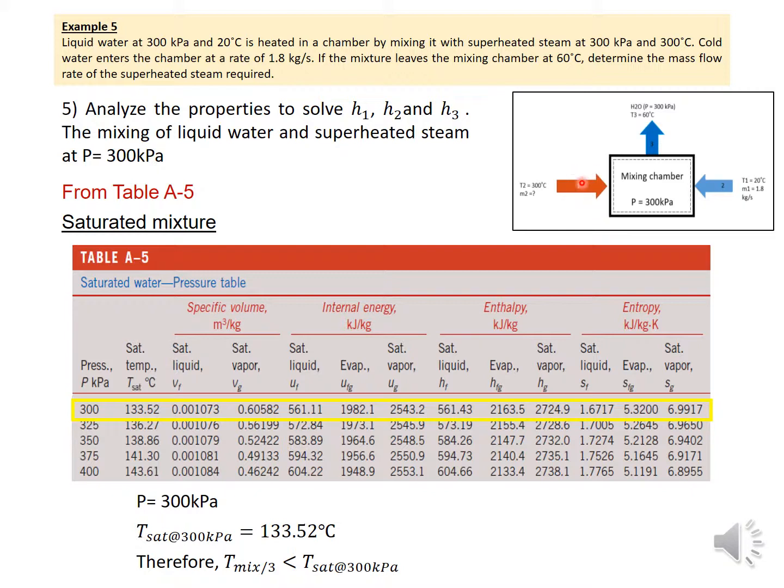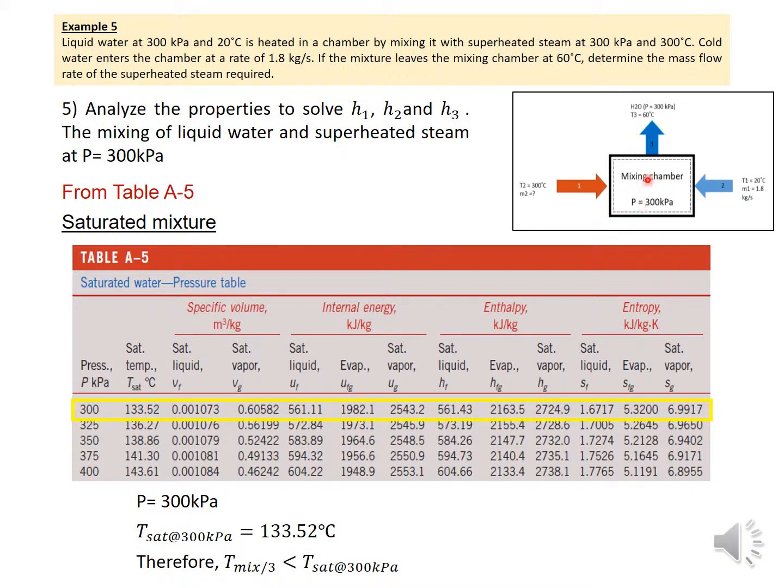The superheated steam and liquid water will be mixing in the chamber at pressure 300 kilopascal, and then it will flow out of the mixing chamber at a temperature of 60 degrees Celsius and the same pressure, 300 kilopascal.